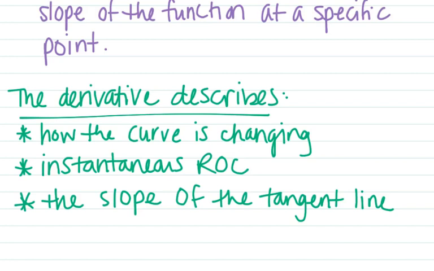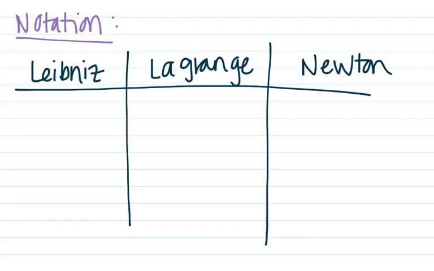Okay, so now let's do some notation. There's really three main people who contributed to the notation of derivatives through history. Leibniz is the one that we still use pretty frequently, and he notates it as the derivative of y with respect to x.